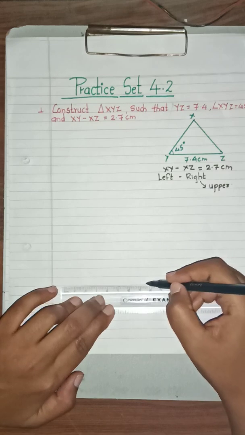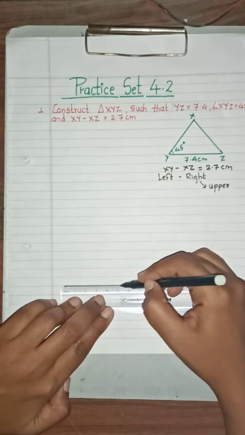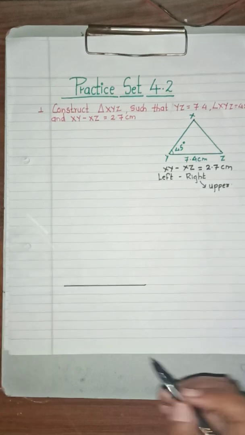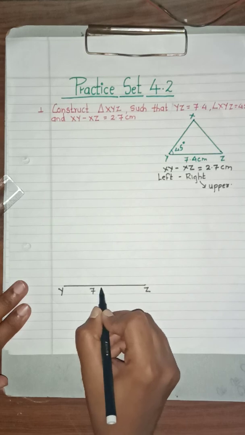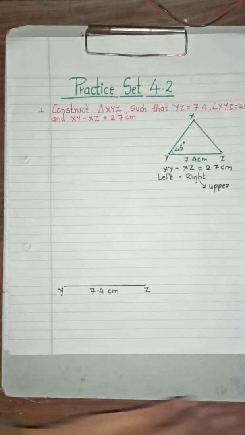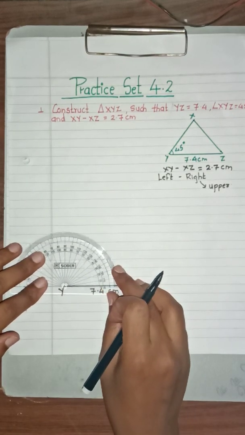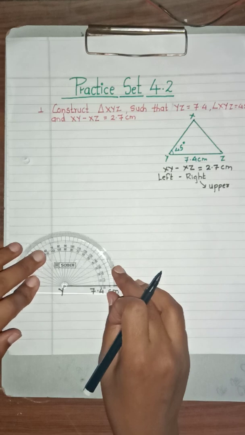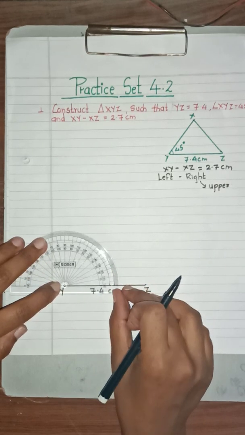Now see here I have taken distance 7.4. Okay, we'll name it as YZ. I'll write it down here, 7.4 centimeters. Okay, then we'll keep the protractor over here.